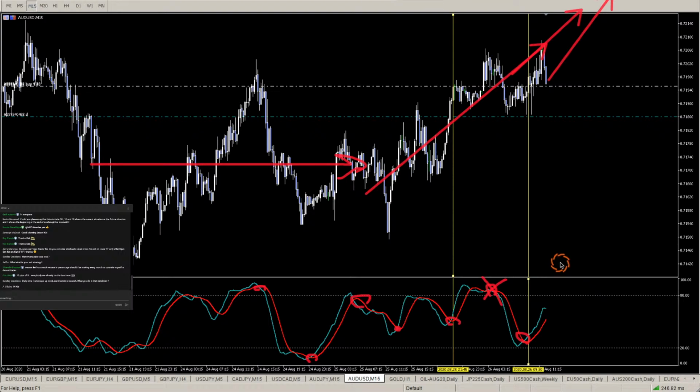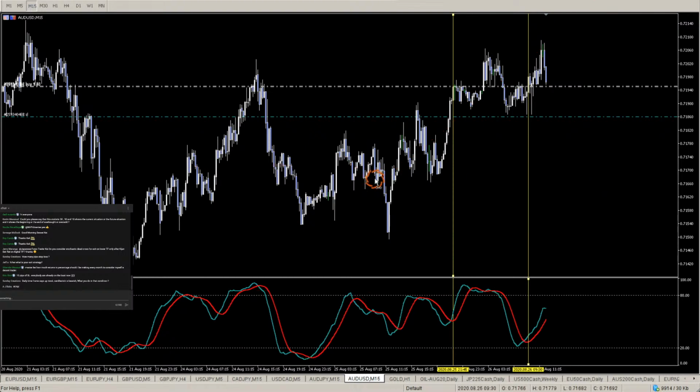All right. And for me, speaking of the overbought oversold, I don't think there is any overbought oversold concept. Usually it's said that above 80 is overbought and below 20 is oversold, but when it's trending, the stochastic sticks above 80% level and the market keeps going up.